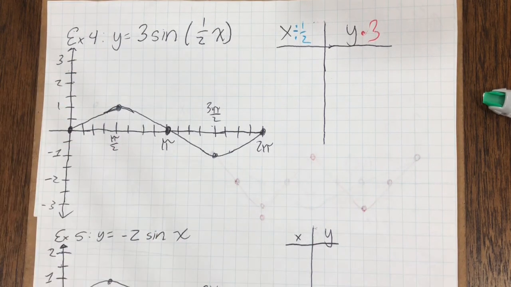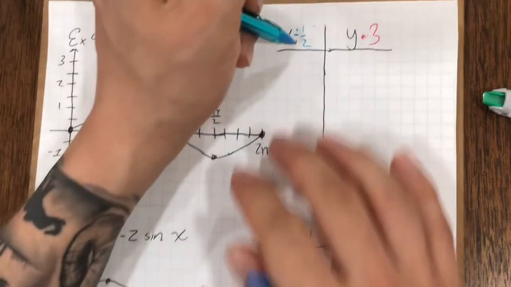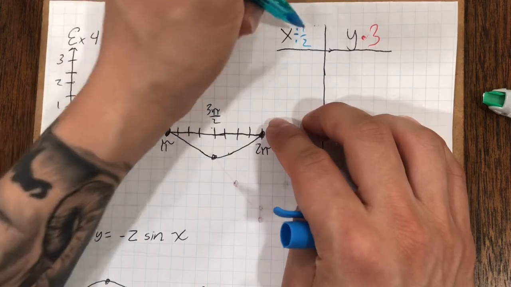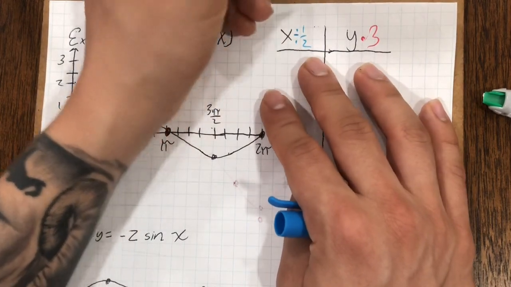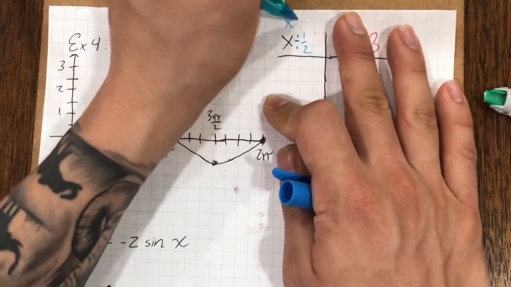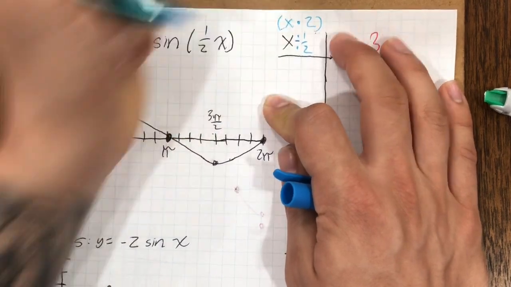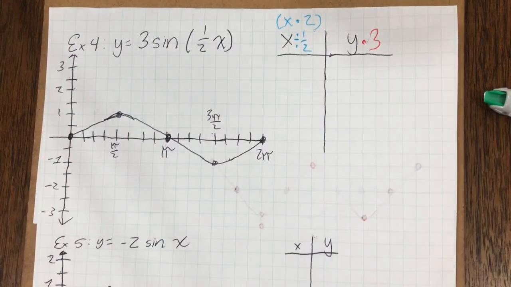So instead of saying x divided by a half, it's now going to become x times 2. All right, so I'm going to write it on the top over here. We have x multiplied by 2. So that's what I'm going to use instead.